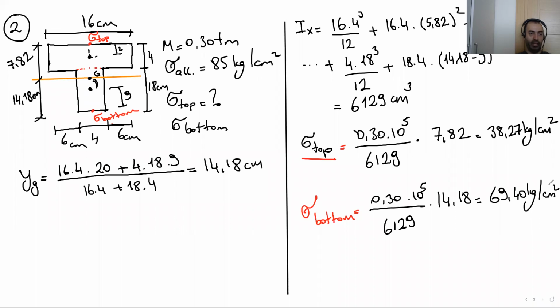Inversely, if we have a negative moment, tension is at the top, compression is at the bottom. So for the top, this is compression, and for the bottom, this is tension. So that's all for this question.